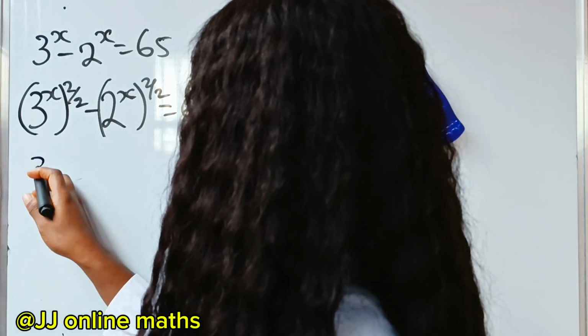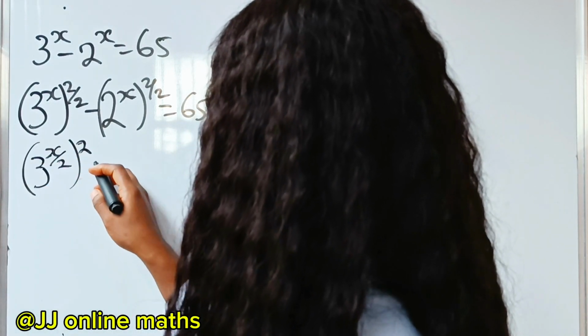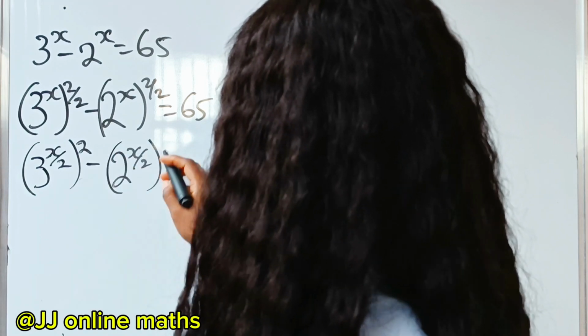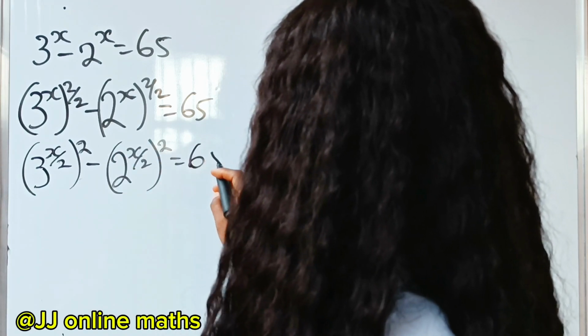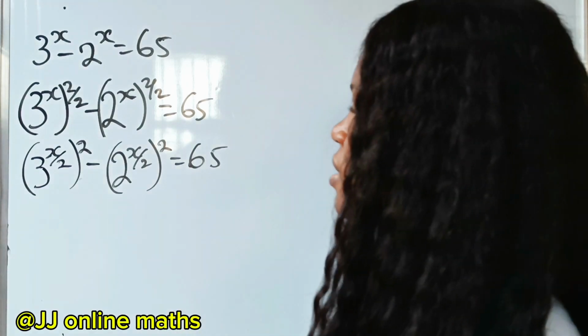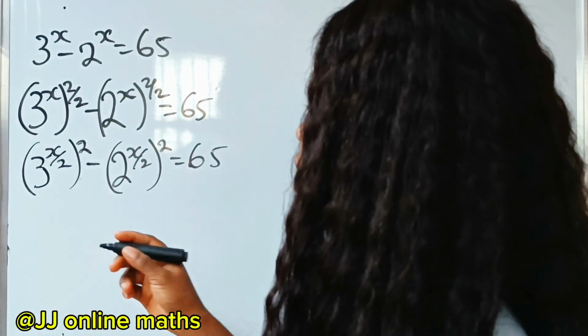So I will now write 3 to the power of x divided by 2, raised to the power of 2, minus 2 to the power of x divided by 2, raised to the power of 2, is equal to what? 65.